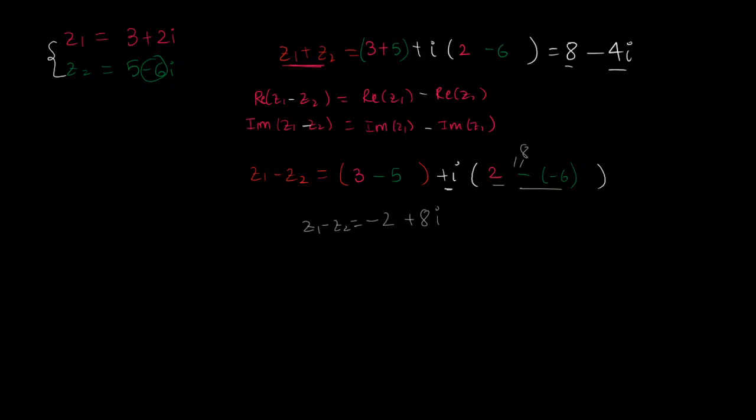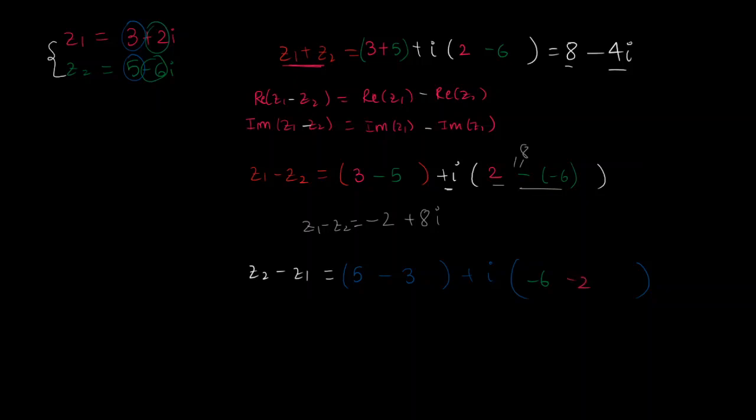If you went on to find the difference between z2 and z1, so that is z2 minus z1, what will this be equal to? Let's start with the real part of z2, that's 5. Subtract from it the real part of z1, that's 3. Add the imaginary part, so negative 6 minus 2.